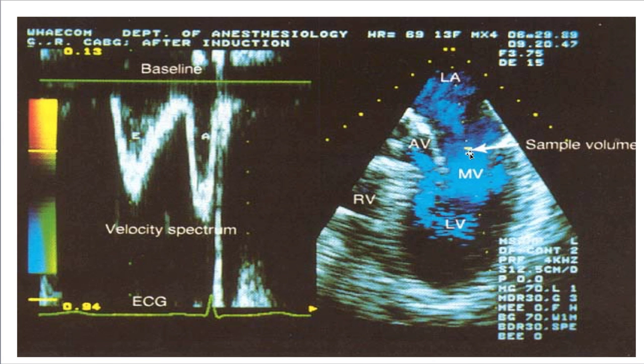And if the sample volume was right at the mitral valve leaflet tips or so, what you see is during diastole, notice on the EKG, diastole being from the T wave all the way to the QRS complex. So this is diastole. You get an E and an A wave.